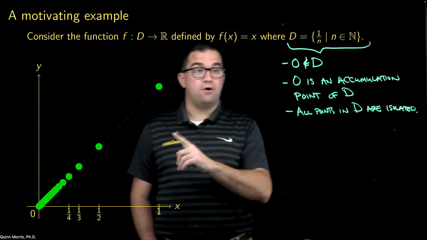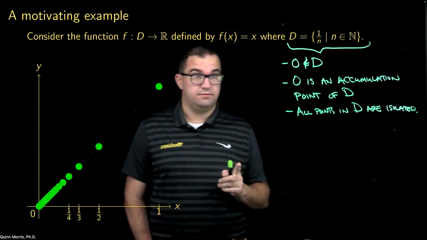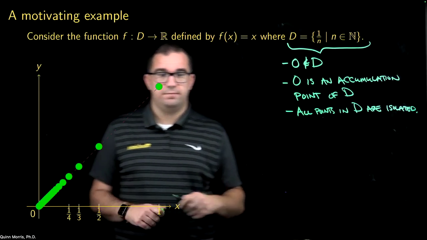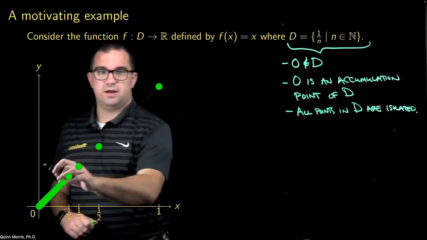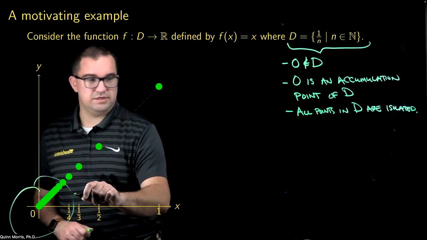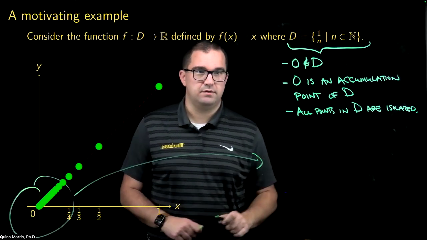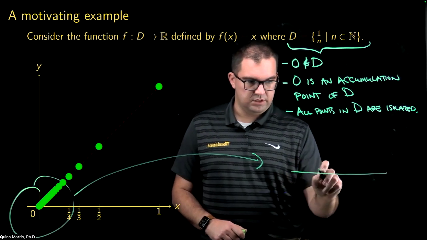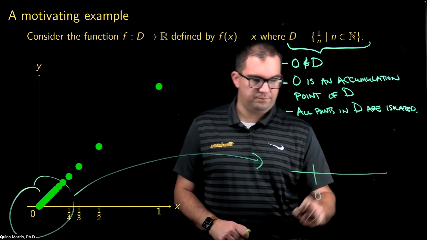Under our old definition, we could not. If I were to think about 0 here and zoom in on 0, near 0, what am I going to see? Let's say here's 0.